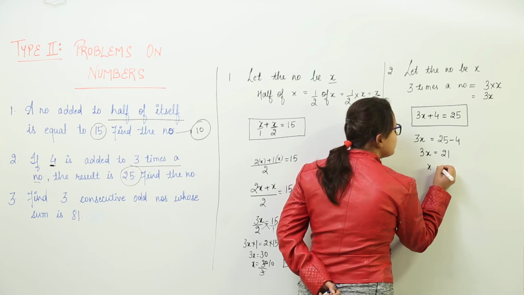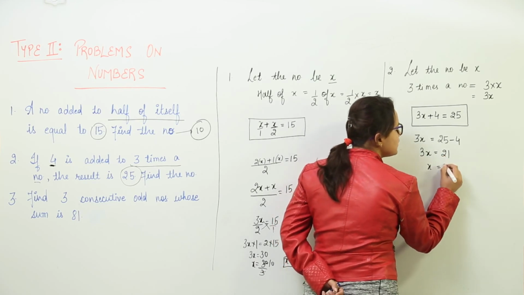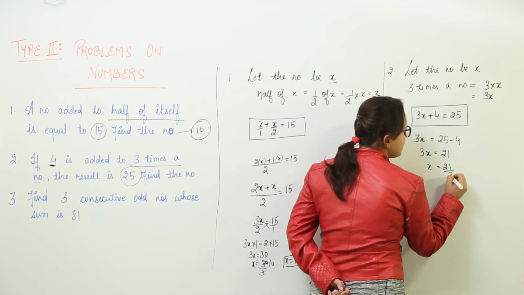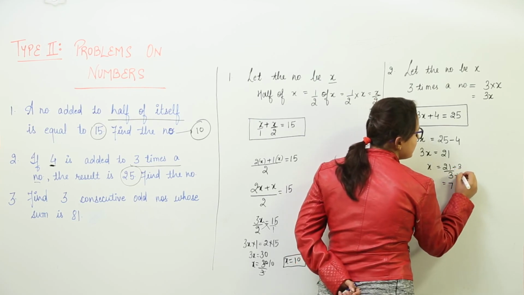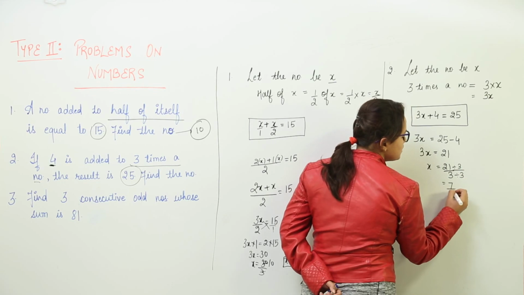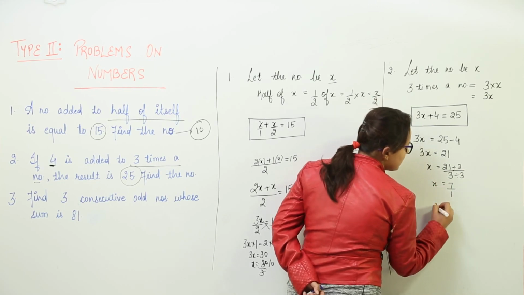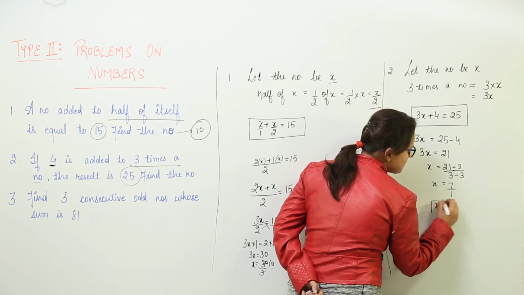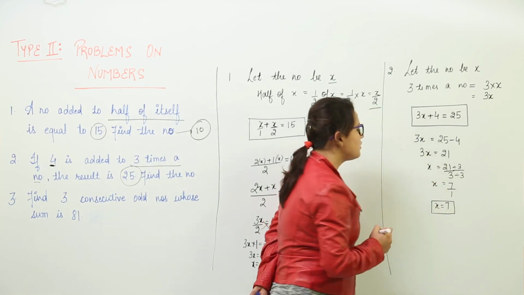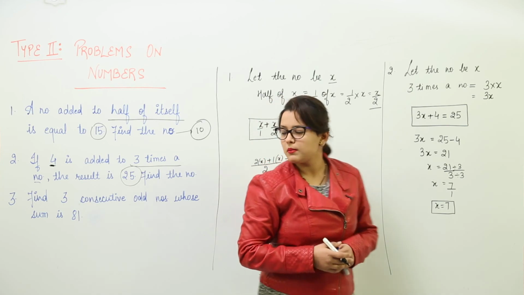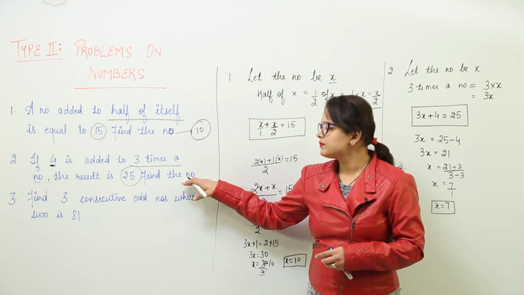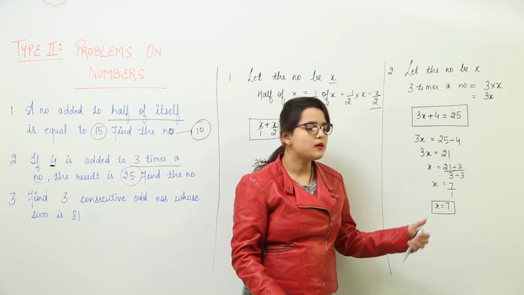Further solving, we will take 3 to the denominator of 21. That would make it 7. How come? Because if you divide it with the common factor, you would get 7 over 1, giving you x equal to 7. Now here we have got the value of x, that was the number to be found. So the number that was to be found over here will be this number 7.